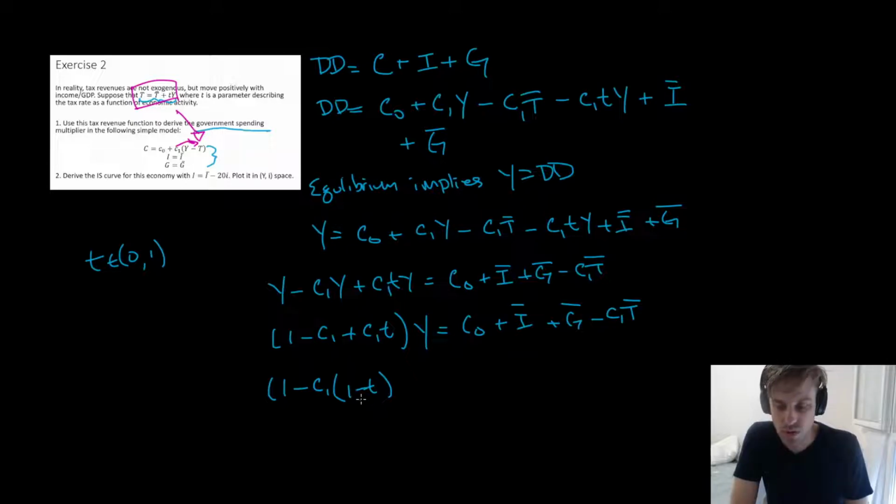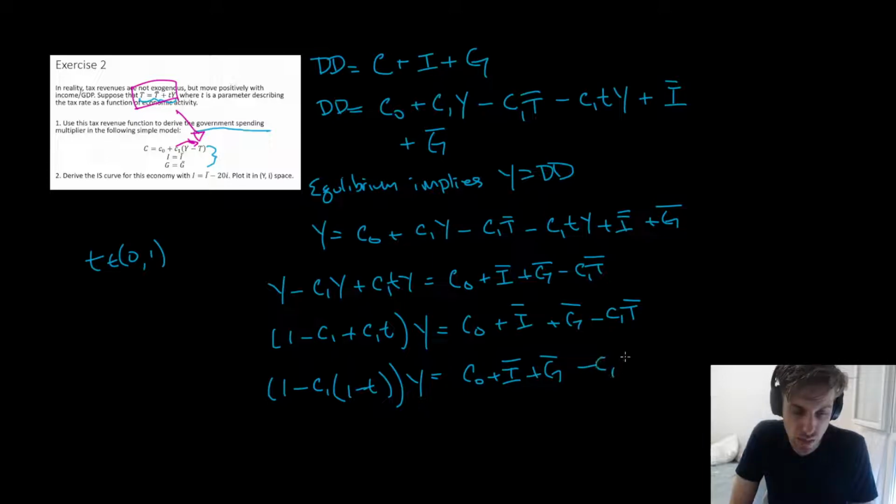So it makes more sense to have it written like this, 1 minus t, because then this will be positive. And you know c1 is between 0 and 1 as well, so then this whole thing will be positive. It sort of makes more sense, at least to me. You write it however you like. And then over here we have this still, c0 plus I bar plus G bar minus c1 T bar.